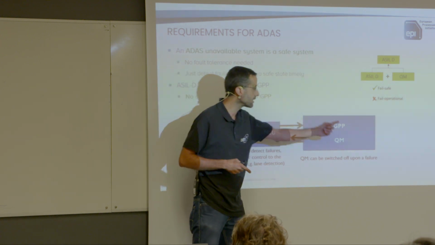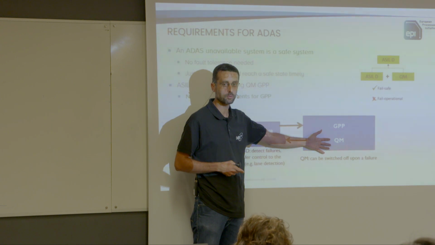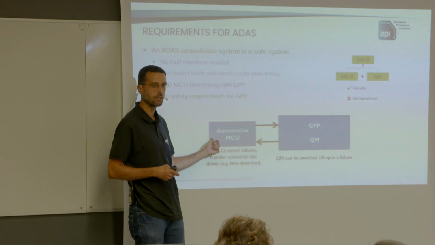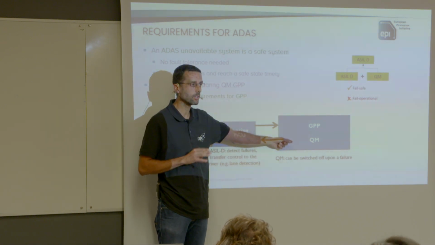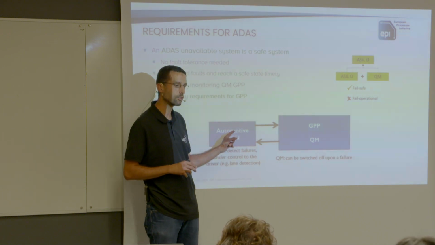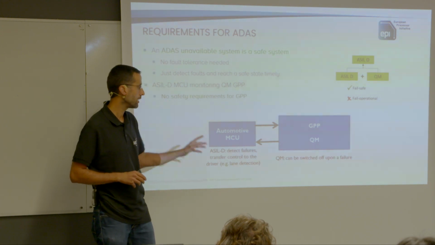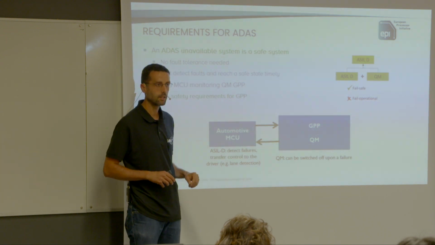In this system, where I have my automotive microcontroller and my high-performance EPI processor, I only need the automotive one to be verifying that the high-performance processor is doing its job well. If this fails, the microcontroller detects, notifies, shuts down, and that's it.